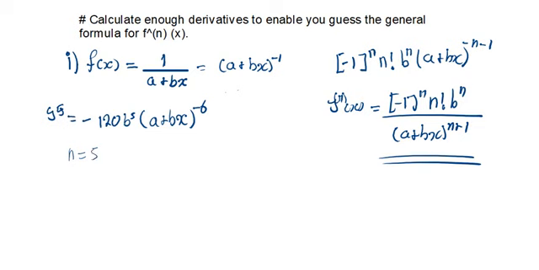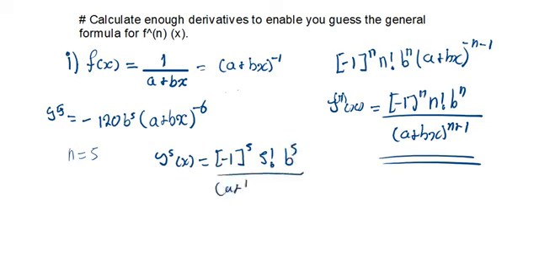So when you say y to the power 5, or the fifth derivative, you're going to get open bracket negative 1, then you put 5 here, then 5 factorial, then b to the power 5 divided by a plus bx to the power 5 plus 1.